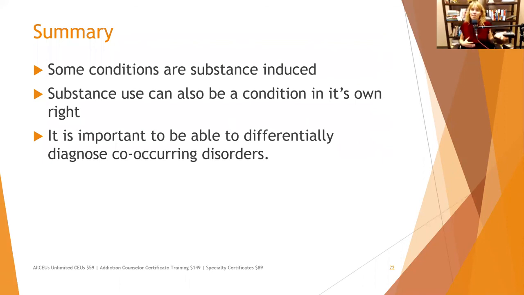So we have substance-induced symptoms. We have substance use disorder, which is using more than intended and continuing to use despite knowing it's causing you problems in multiple areas of life. And then you have mental health issues that would have existed with or without the substance. Now, sometimes the substance can trigger schizophrenia, the stress from everything that's going on.